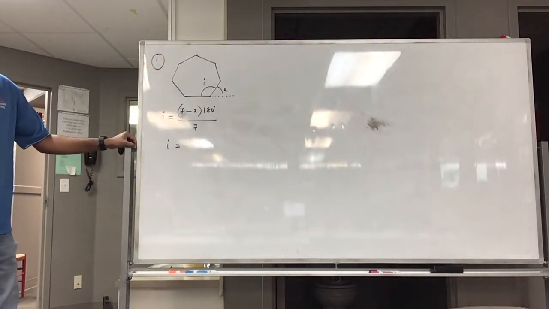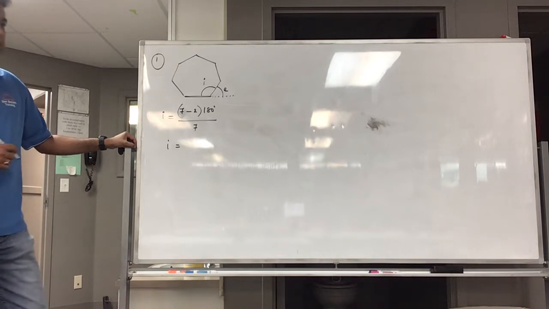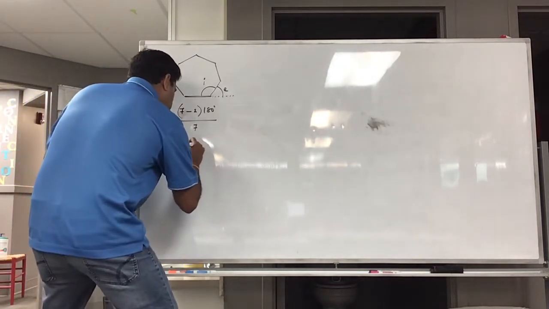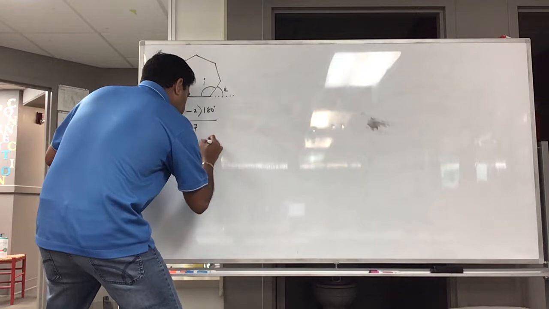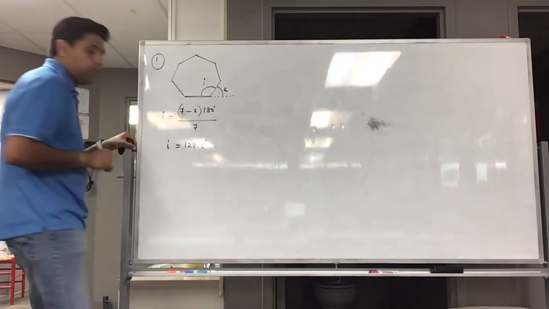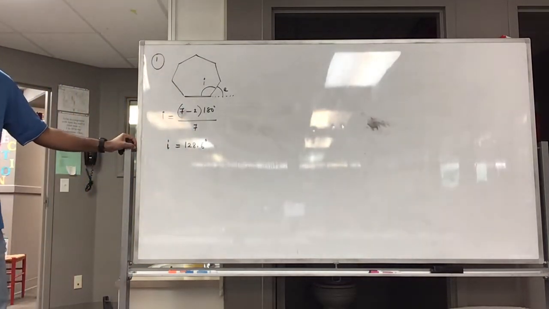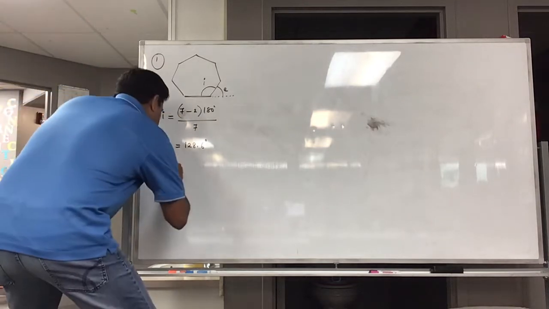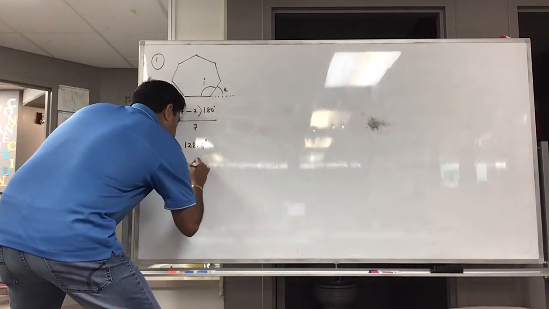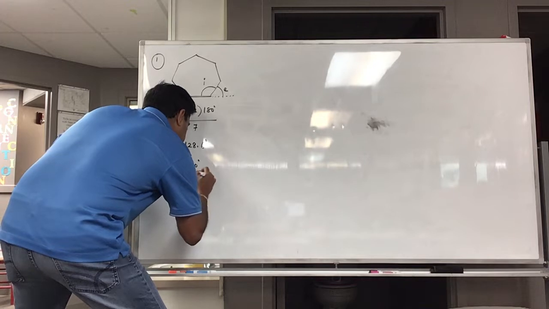What's the answer? 128.57. So let's round it up to 128.6 degrees. Exterior angle, 360 degrees divided by the number of sides, which is 7.